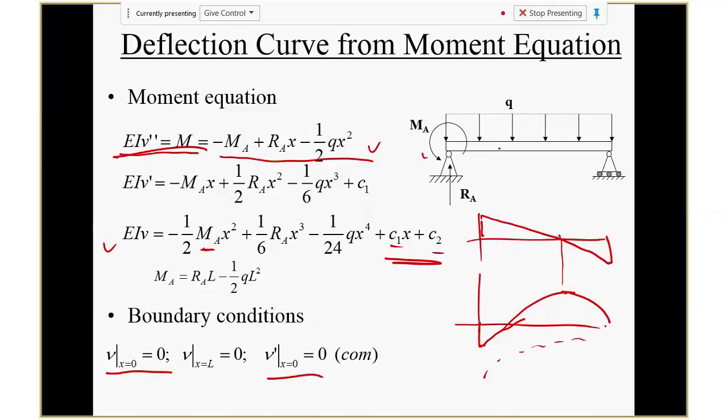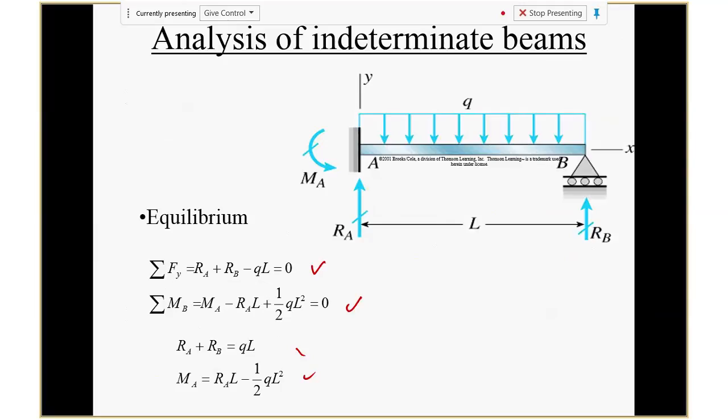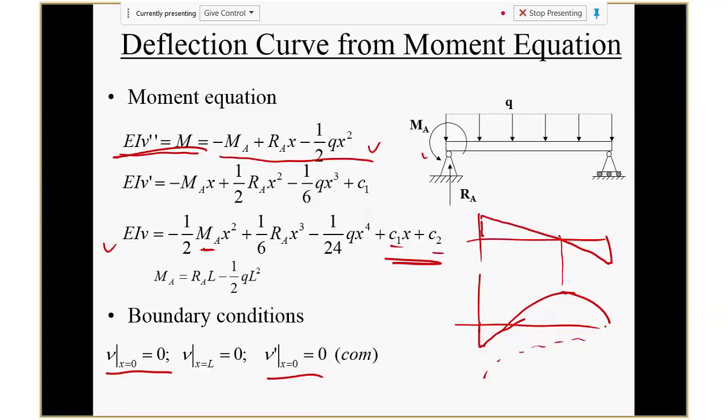How can this beam be compatible with this beam? I mean, the deformation pattern must match this one. How can we match that?